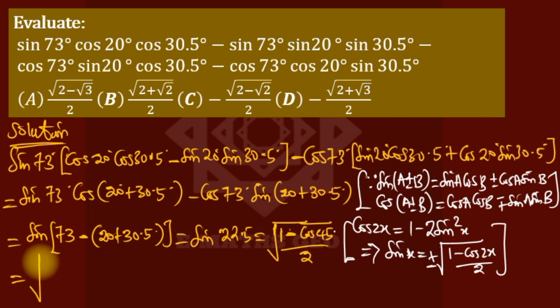So I have the square root of 1 minus cos 45, which is root 2 over 2, that's the numerator, over 2 the denominator. To clear the fraction, I'll multiply by the LCM, which is 2. So multiply each of them by 2.